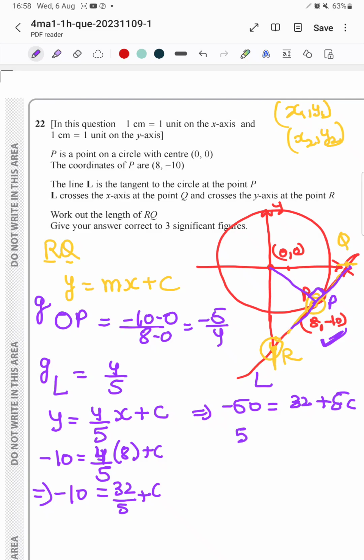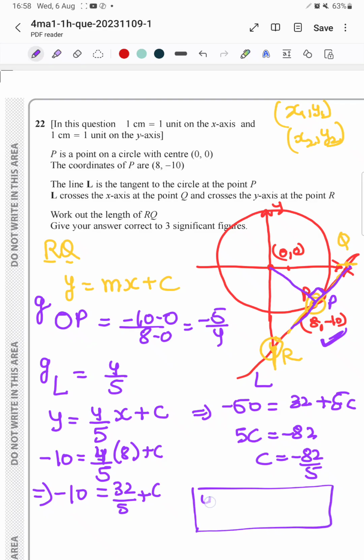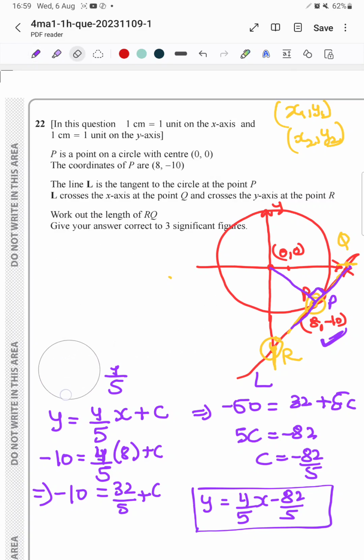So we got 5c is equal to -82 and c is equal to -82 by 5. So from here I am going to get the equation of the line as y is equal to 4/5 x minus 82 by 5.